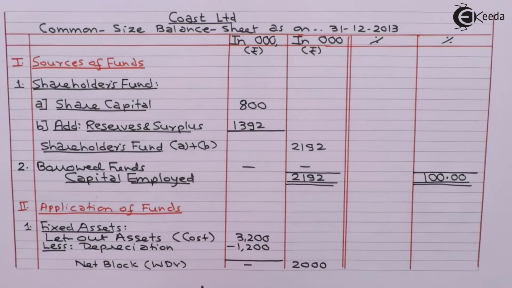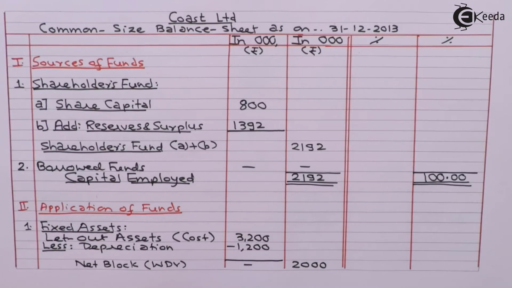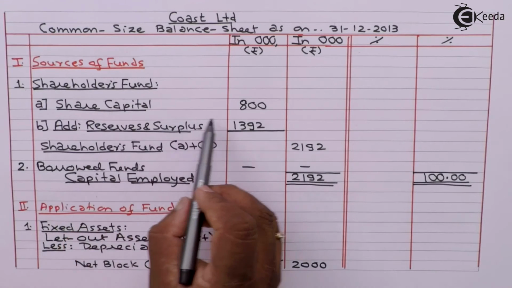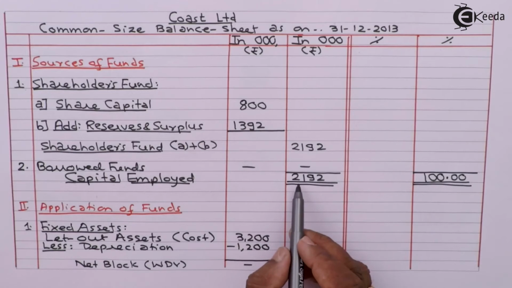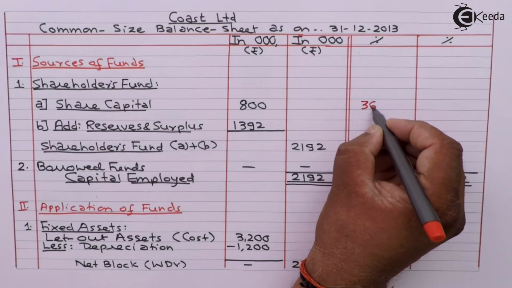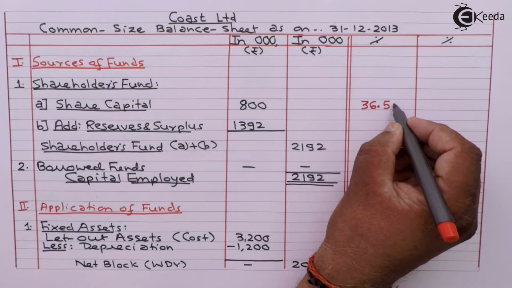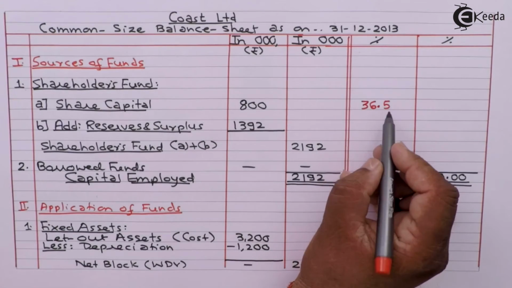Accordingly, all figures in balance sheet will be converted taking base of total capital employed 2,192,000 or total assets. For example, share capital 800,000 divided by 2,192,000 multiplied by 100. It is 36.5%.